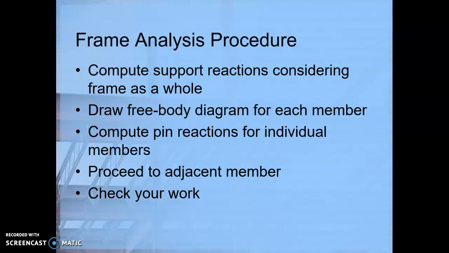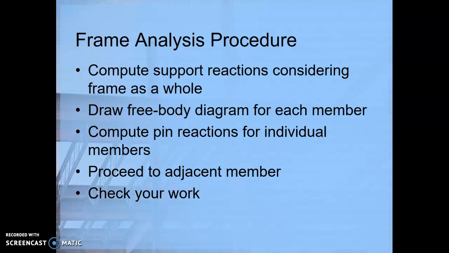Now, another thing about frame analysis that makes it a little different from truss analysis is that in truss analysis, when we analyzed one joint, typically we were able to find all of the missing forces before moving on. With frame analysis, depending on the loading and the geometry of the frame, we may not be able to find all of the missing forces. We may still have some missing forces that are unknown and will remain unknown until later on in the process.